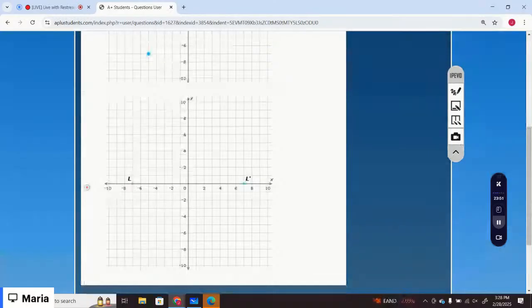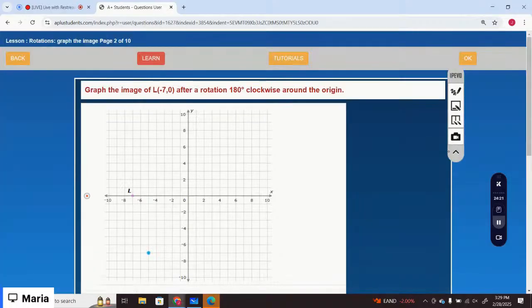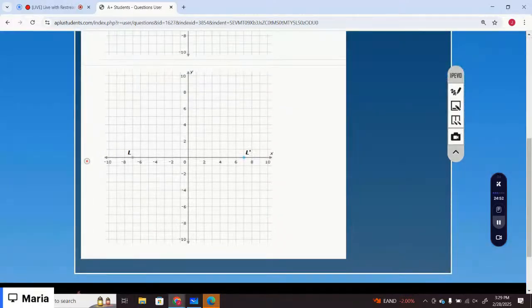So option number 2 is the correct option, not 1.